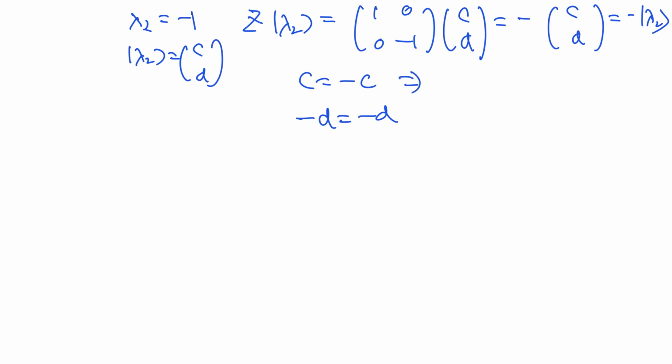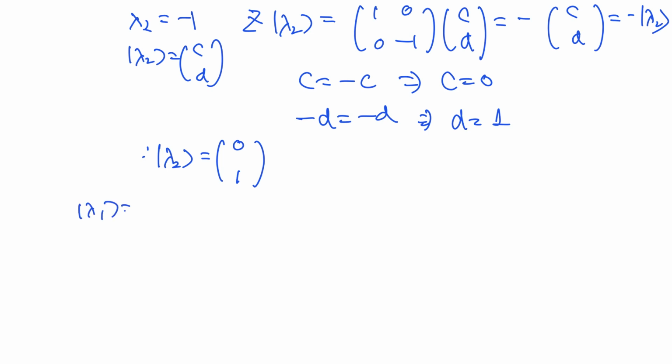So the first condition says C is equal to 0, and D is 1. So we say lambda 2 is (0, 1). So we already have lambda 1, (1, 0). This is easier. Lambda 2, (0, 1).